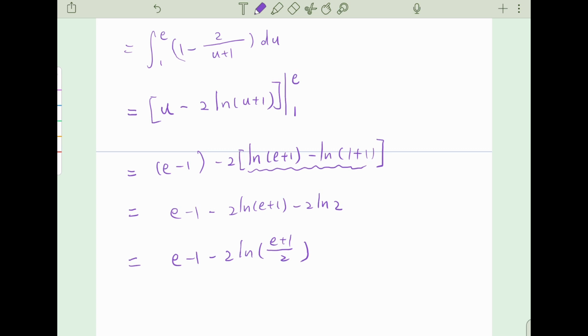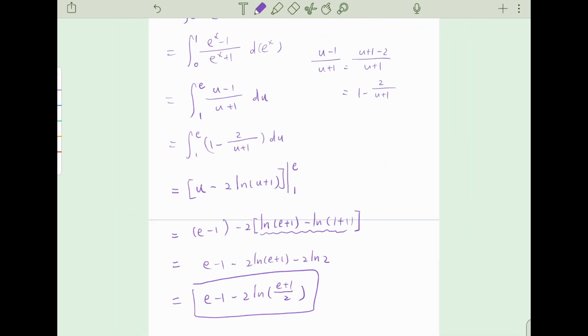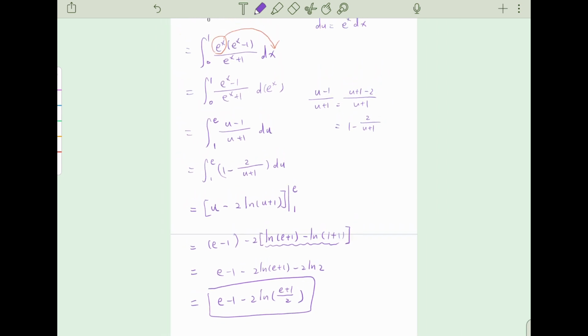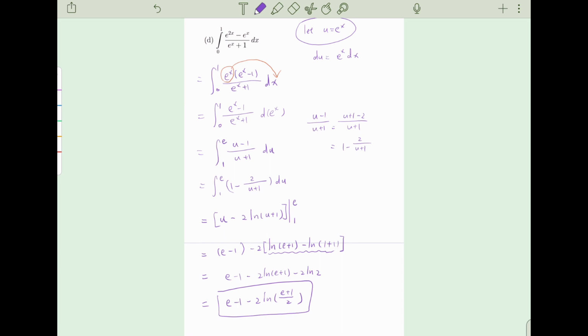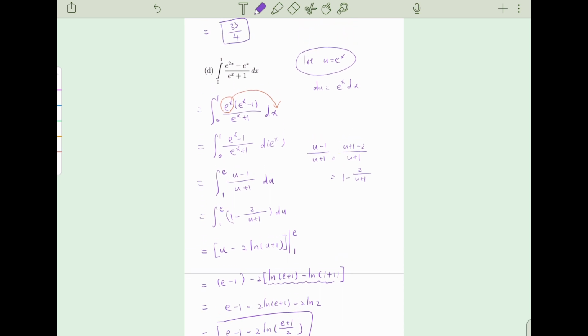It's not a big deal. Our point is not to try to write this in a nice form. Our point is to do the substitution, to do the integration. So that is question D.